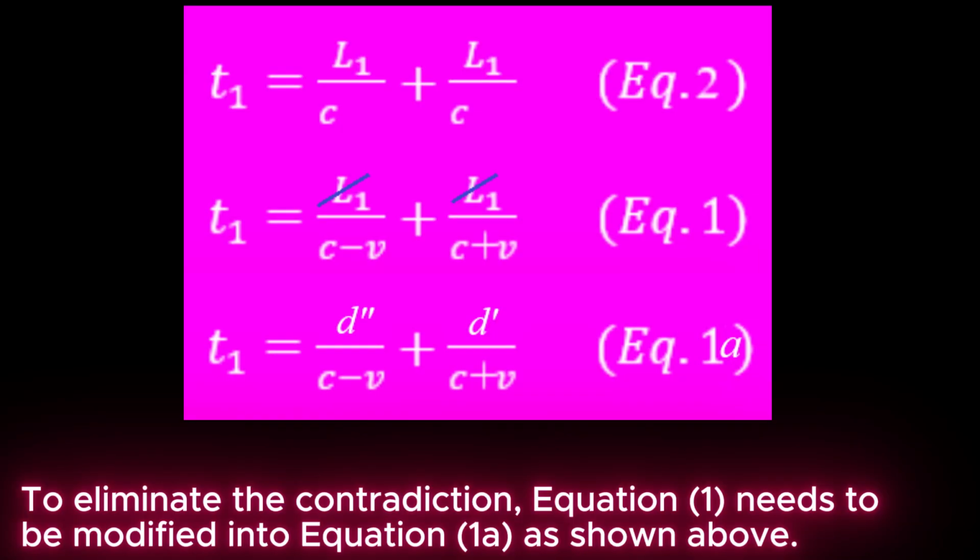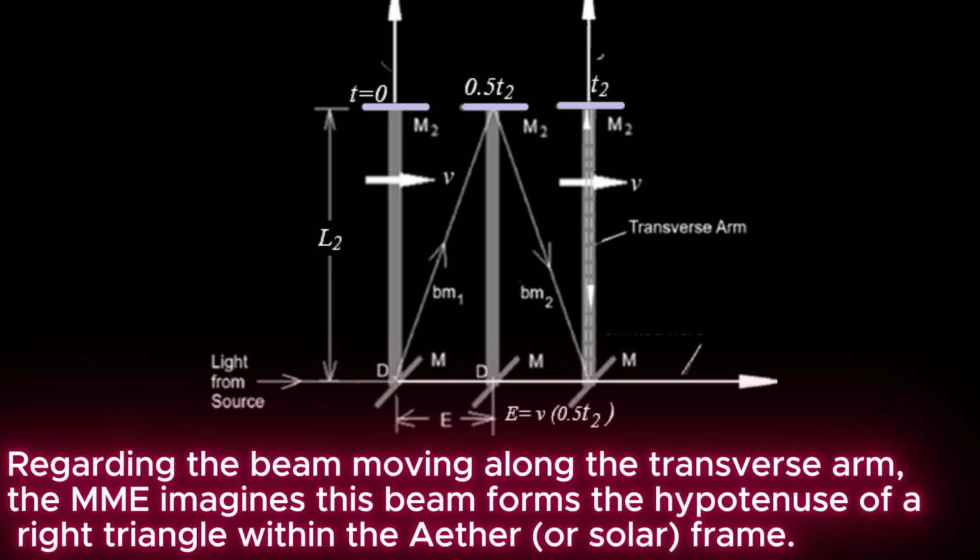To eliminate the contradiction, equation 1 needs to be modified into equation 1a, as shown above. Regarding the beam moving along the transverse arm, the MME imagines this beam forms the hypotenuse of a right triangle within the Aether or solar frame.